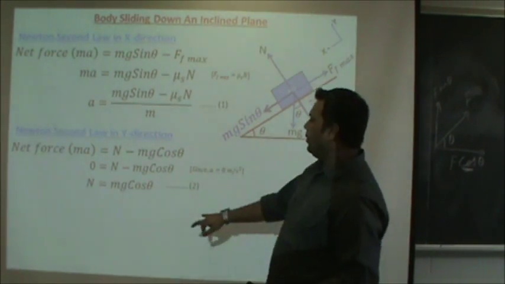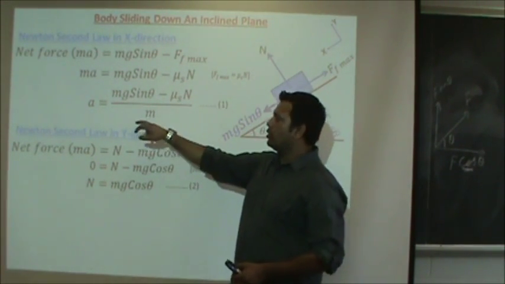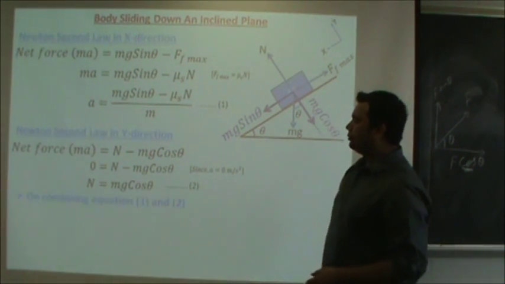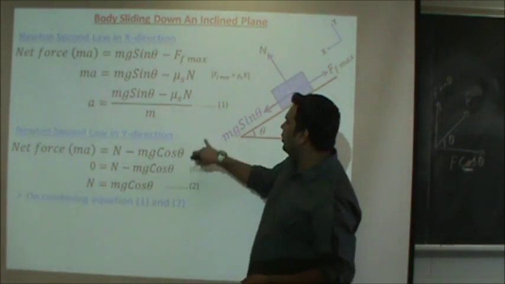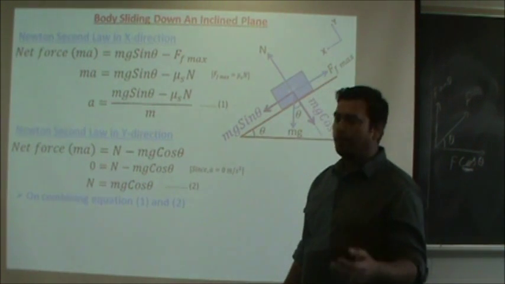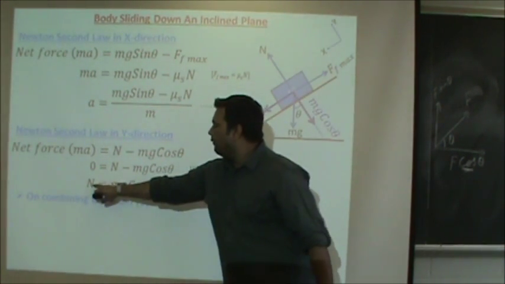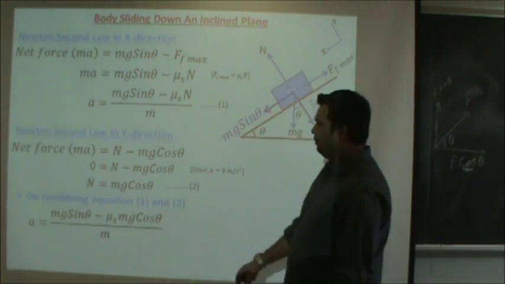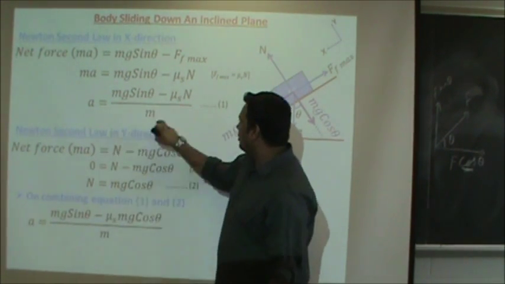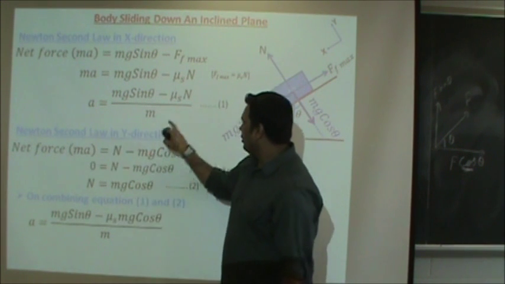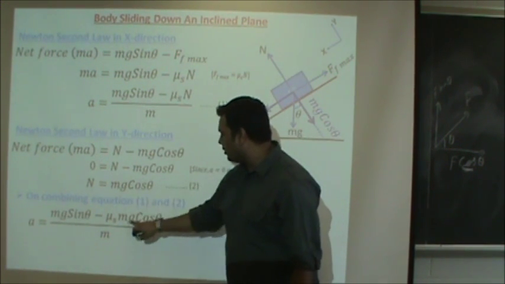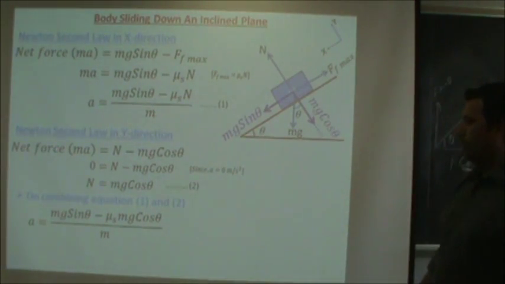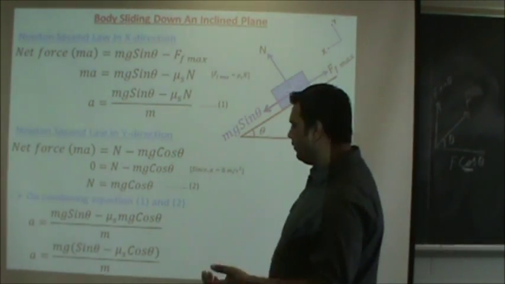And what I do is simply use this equation to solve and calculate the acceleration. So when we combine equations 1 and 2, it's very simple. We put the value of normal in these equations. Okay, so it's mg sine theta minus the coefficient of friction. Instead of normal, we have mg cosine theta, and the mass is as it is. We do a further simplification.